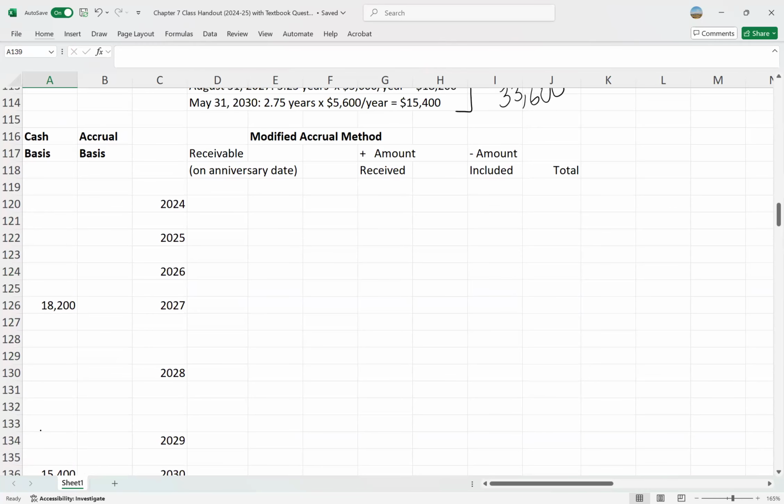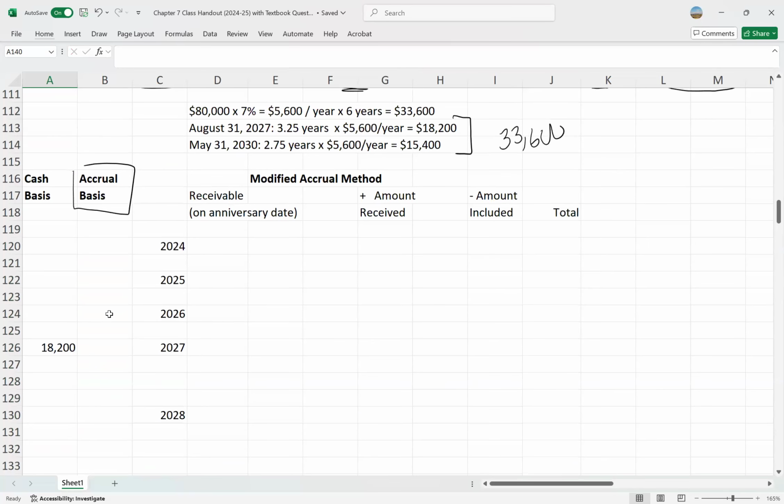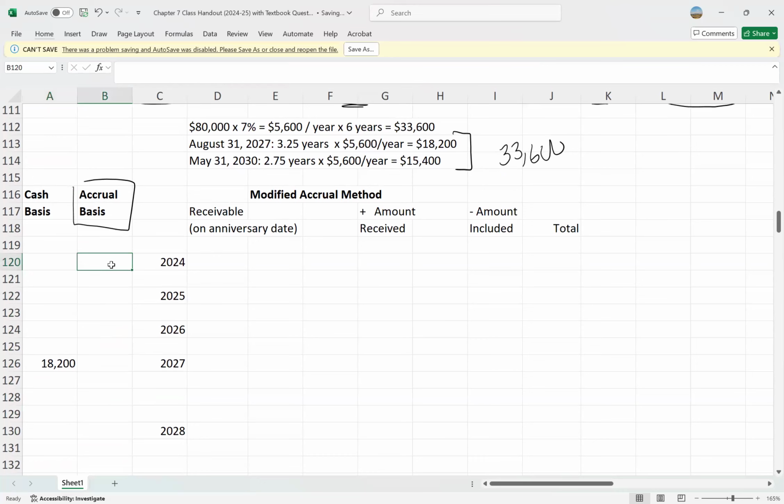If we were doing this for accounting purposes using the accrual basis, let's figure out what the amounts would be. Every year is 5,600, except for the first year. Remember, the first year, the investment started on June 1st. So that's going to be 5,600 times 7 over 12 months, June through December, that's 7 months.